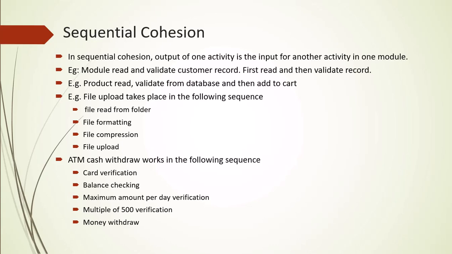File uploading is one module. Customer record validation, customer product order, etc. These tasks all belong to one module, and inside the one module all the activities are executed in a sequence.